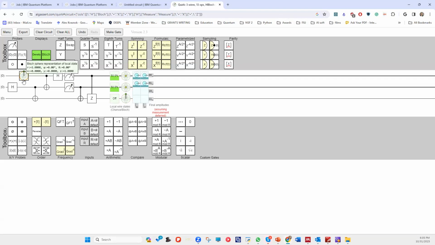Now I compare the state of the first and the third one, Alice's qubit and Bob's qubit. As I can see, they are both in the same state, and if I change the state from 0 to 1, I observe that they still point in the same direction.